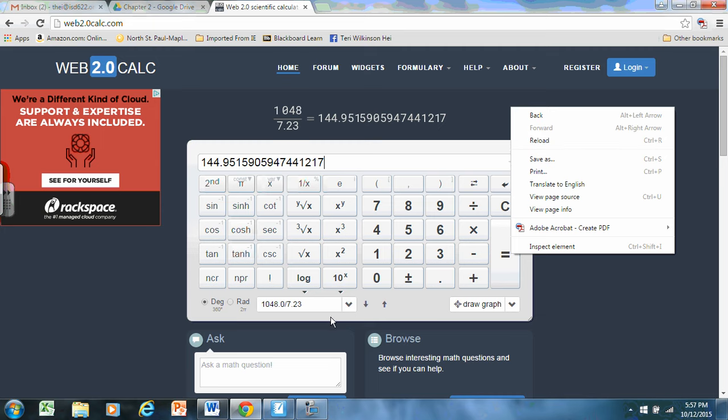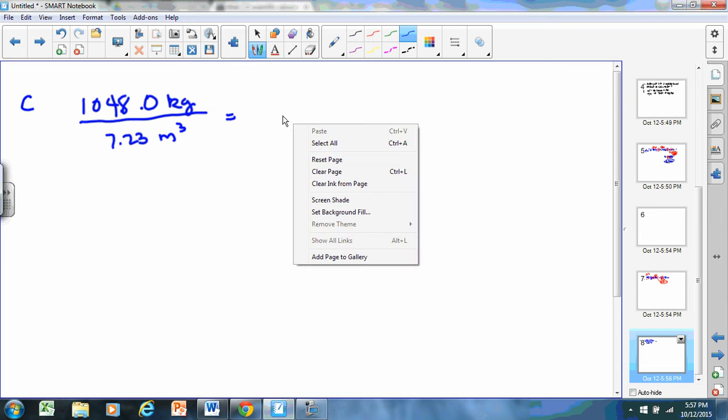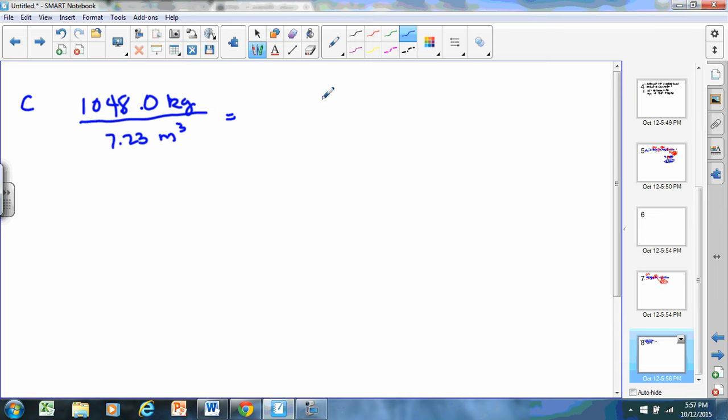We get this big, giant, ugly number, 144.9515966. Nothing cancels. You've got a kg on the top and an m cubed on the bottom.